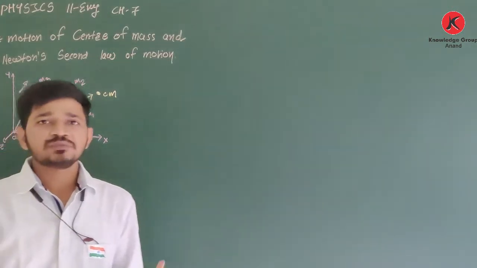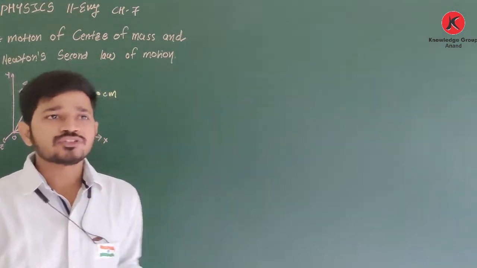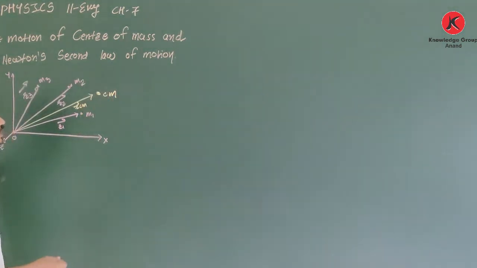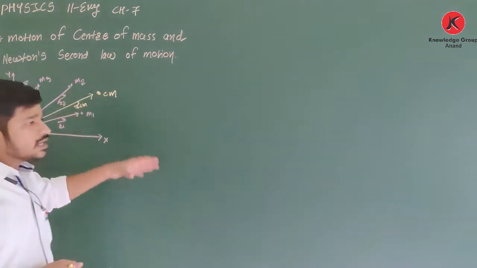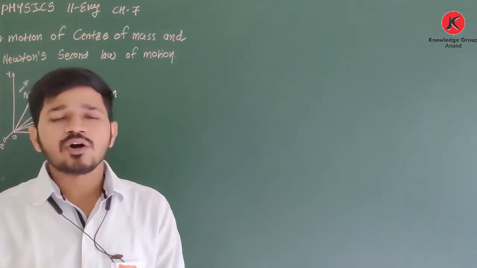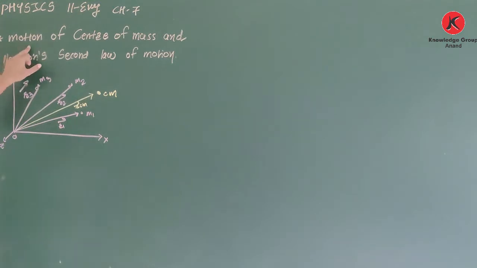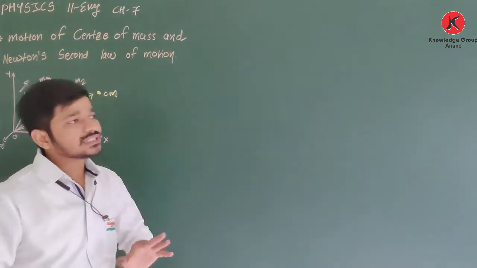We know that change in position with respect to time is called velocity. So if particle m1 is moving with some velocity v1, m2 with velocity v2, and m3 with velocity v3, then what is the velocity of the center of mass? That's why this theory is named motion of center of mass.